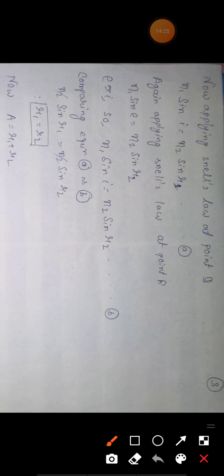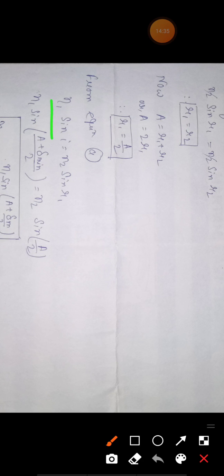Correct. Now from equation number A, n1 sine i is equal to n2 sine r1. So what is the value of i? We have found it in the previous case: the value of i is delta minimum plus A divided by 2.